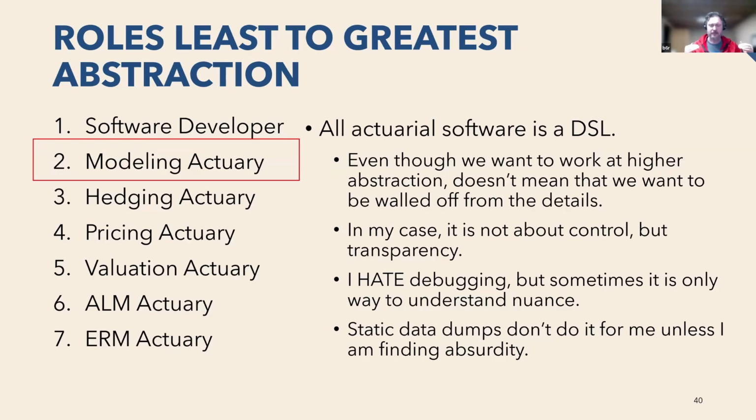But then our pricing actuary is going to be a little bit above that. Our valuation actuary is going to want to be able to talk larger than that. And our ALM actuary is not really going to care about the cash flow of an individual policy, right? He's going to care about the overall patterns. Same thing with the RM, the overall patterns of the organization in terms of assets and liabilities. So he should be able to work with the model at a much higher level.